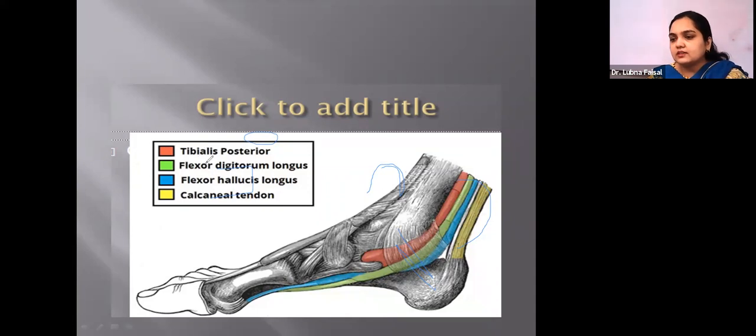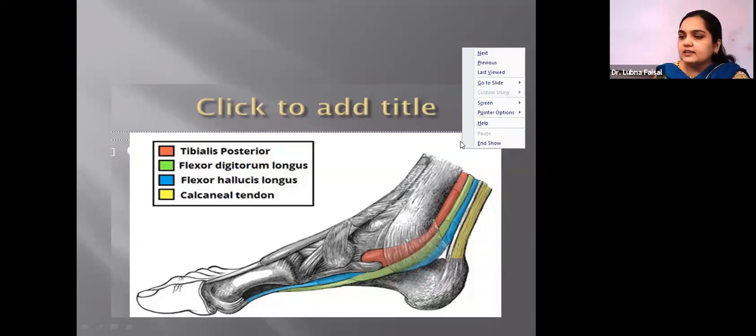These are the structures that pass deep to the flexor retinaculum: tibialis posterior, flexor digitorum longus, flexor hallucis longus, and the calcaneal tendon. So the main nerve supply for this compartment is the tibial nerve, or the posterior tibial nerve, and the arterial supply is the posterior tibial artery.